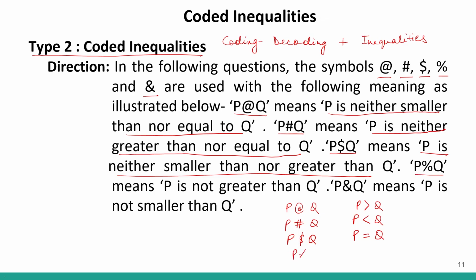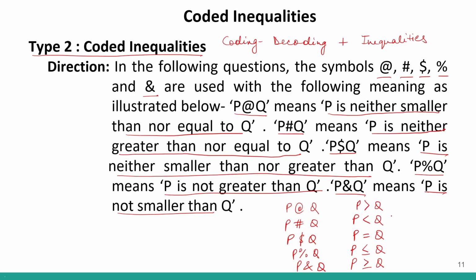Then p percentage q means p is not greater. So if you are not greater, you could be either smaller or you could be equal. Correct? So this will be there. And p and q means p is not smaller. So if it is not smaller, it could be greater or equal to q.